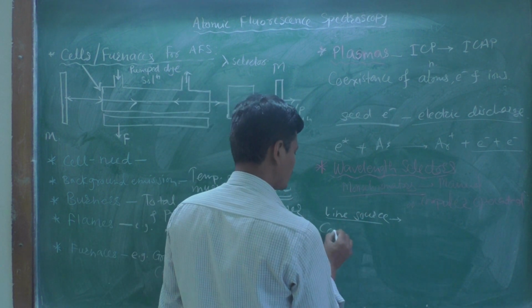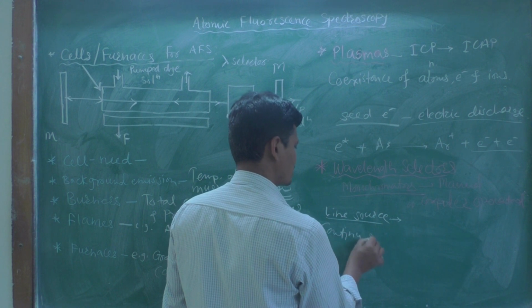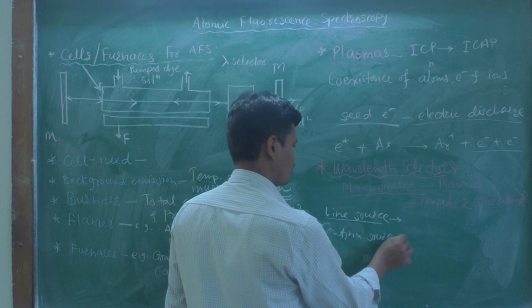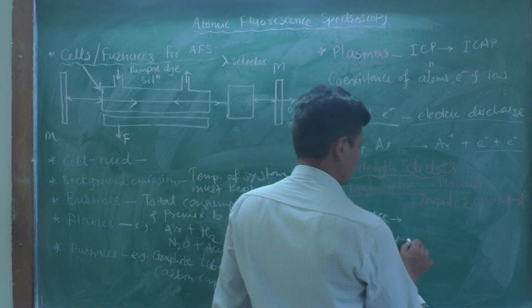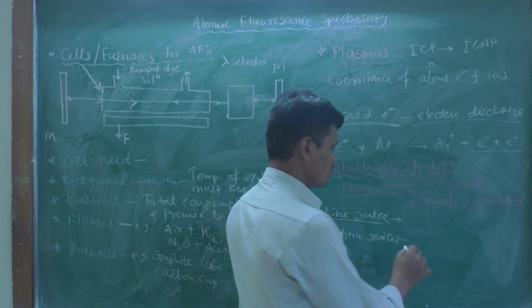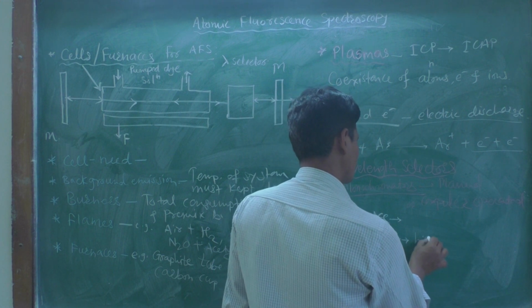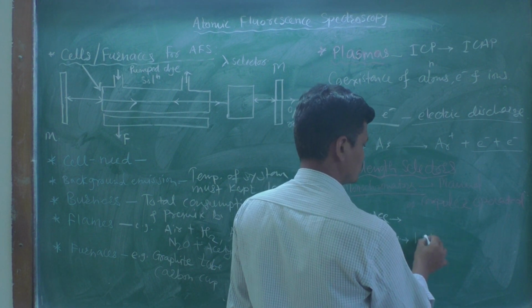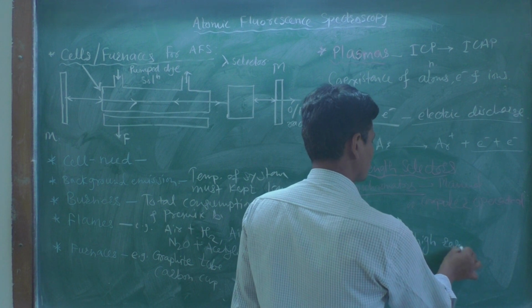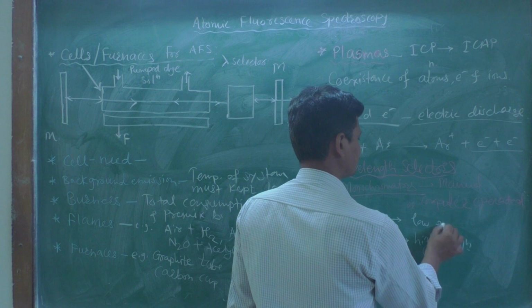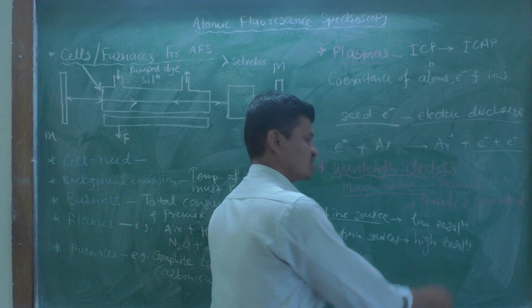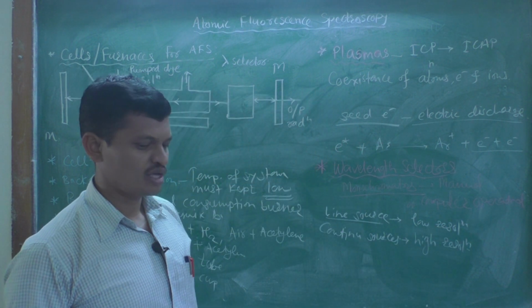But if continuous sources of electromagnetic radiation such as ICP or plasma are used, then the monochromators used must be of high resolution.